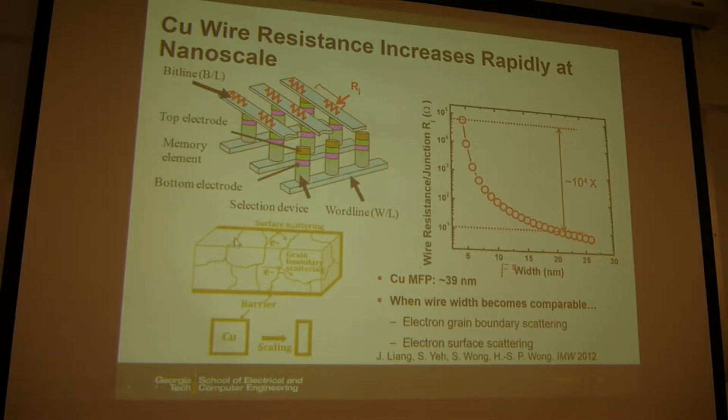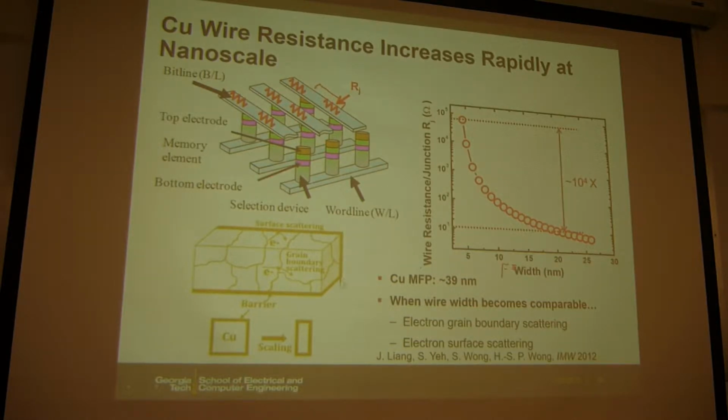The resistivity comes from the scattering of the electrons when the electrons travel in the metal wire. They will be bounced off from the grain boundary or from the surface. When an electron hits the surface, it will be bounced back, and those kinds of scattering introduce the resistivity.